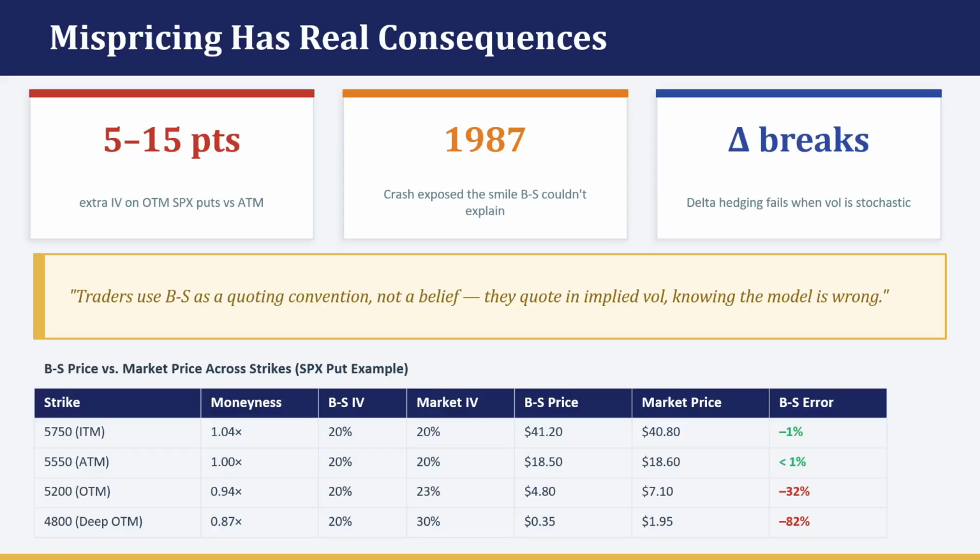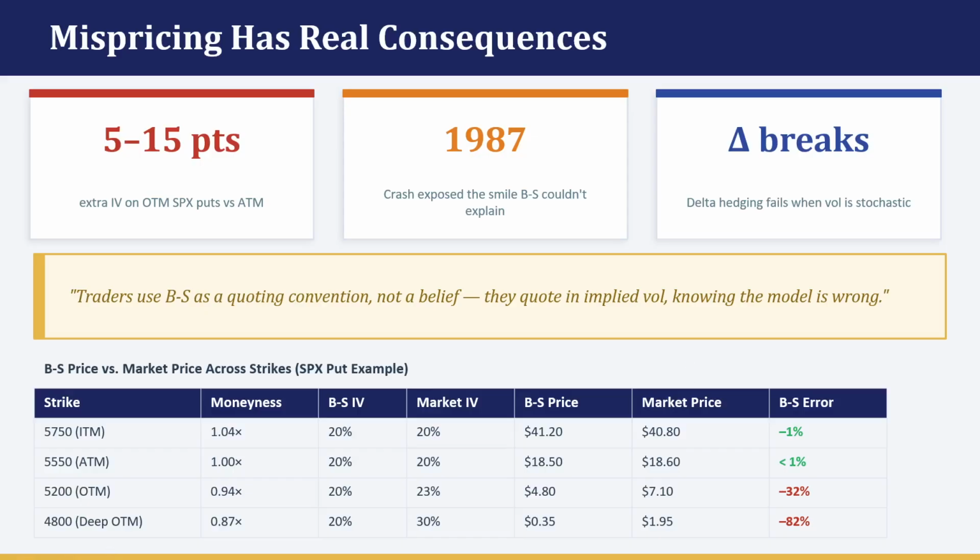So if you sold that option using the Black-Scholes pricing model and the market moved against you, you are dramatically under reserved. This is not hypothetical. This is exactly what happened to portfolio insurers in 1987. The model said those tail risks were cheap, but in fact the market eventually proved that they weren't.